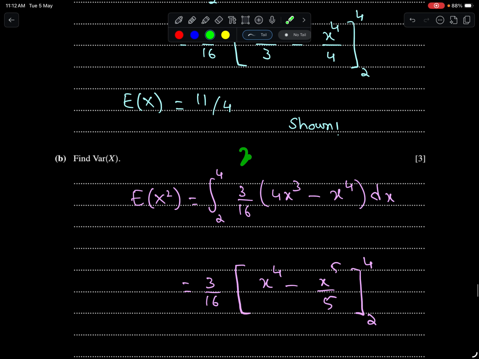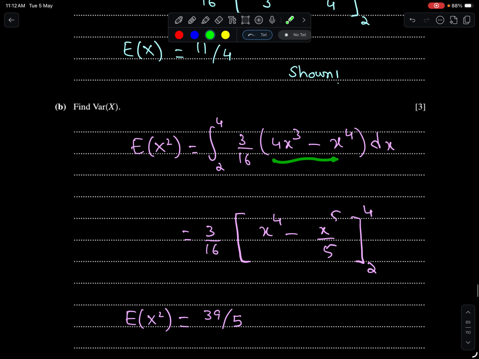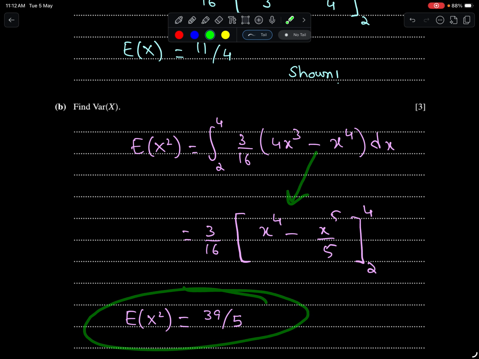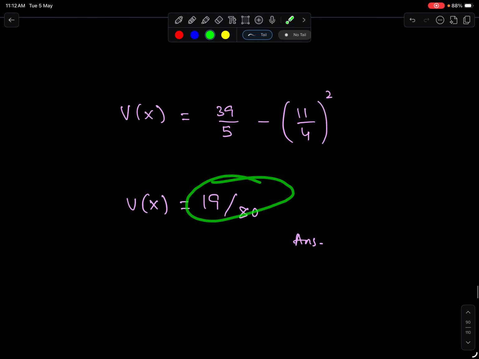The formula of E(x square) is the integral of x square f(x) dx over all x, so x from 2 to 4. Multiply x square with this, so 4x cube minus x to the power 4. Integrate this, get E(x square). And the formula of variance is E(x square) minus E(x) whole square. Leave your answer in fraction.